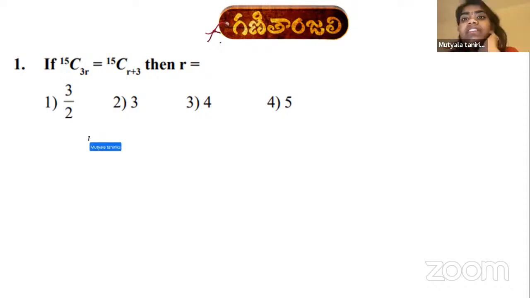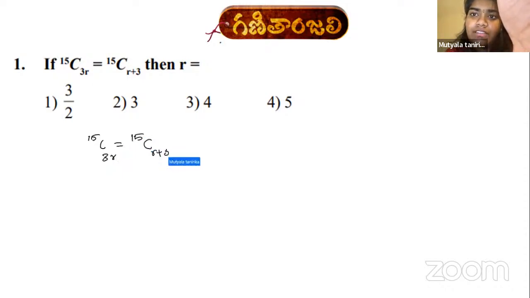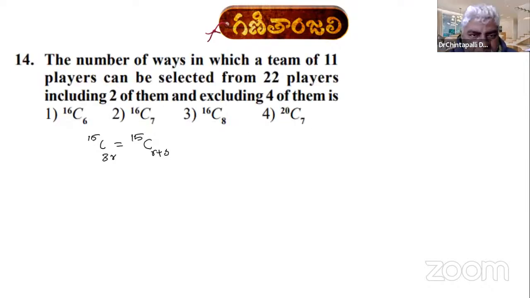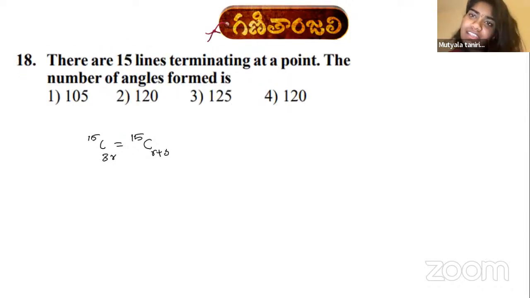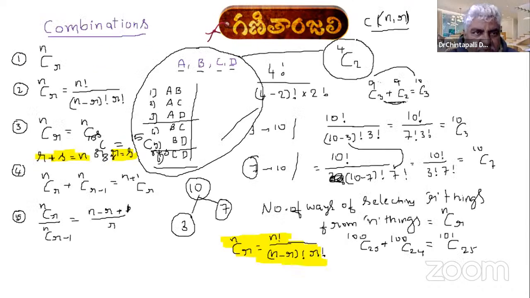So 15C3r equals 15C(r plus 3). Is that 16C3r? No, it is not. Observe the first formula, observe the third formula.